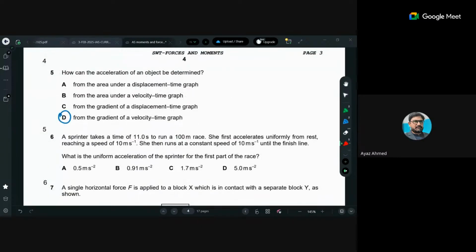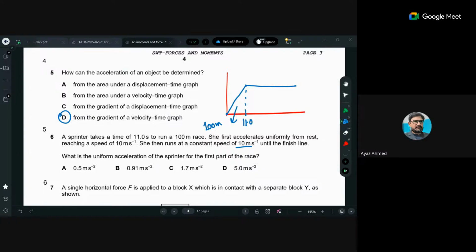So if you just draw the graph of this, the sprinter starts from rest, she reaches a certain velocity, and then she runs at a constant speed until she finishes the race. Yeah, this would be the graph. So this is the first half of the motion. So she takes 11 seconds to run the race of 100 meters.